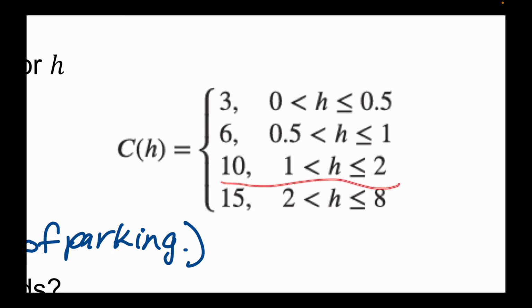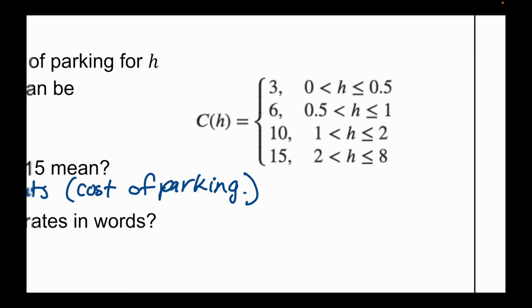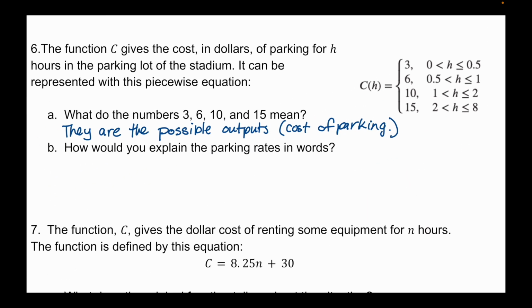Then we have for 1 to 2 hours, it's $10. And for 2 to 8 hours, it's $15. So they don't necessarily have a consistent thing saying like a certain amount every certain amount of hours. So we're just going to describe those.